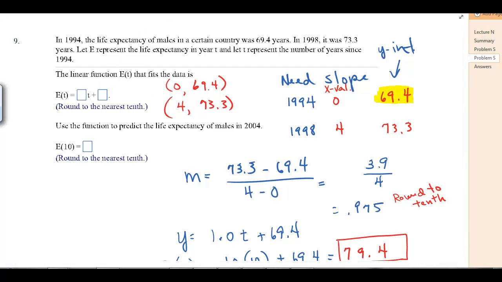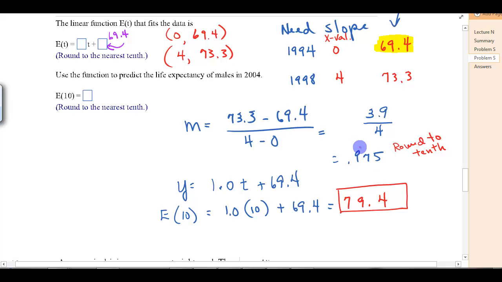So 69.4 is going in this box. And our slope is 0.975, but it does say round to the nearest tenth, so that would be 1.0t. So 1.0 is going in this box.